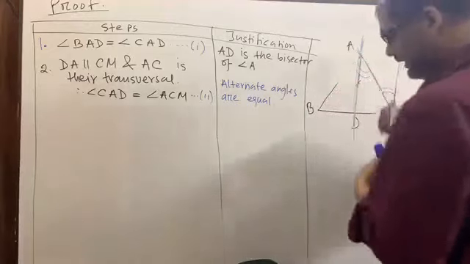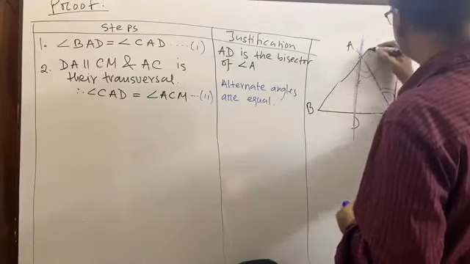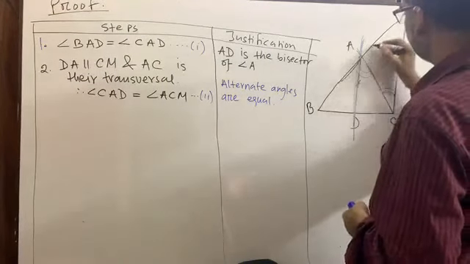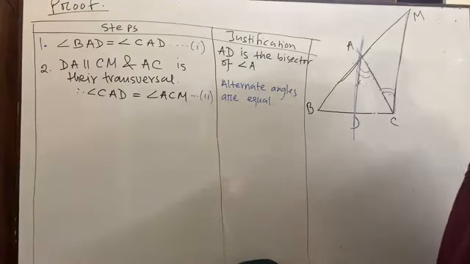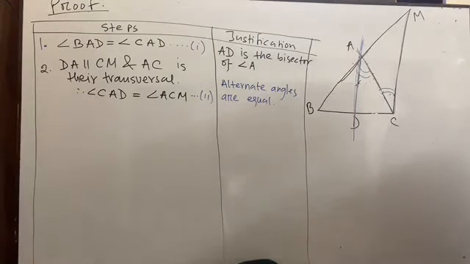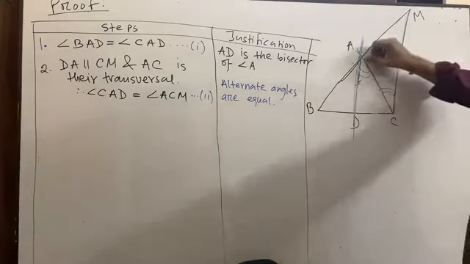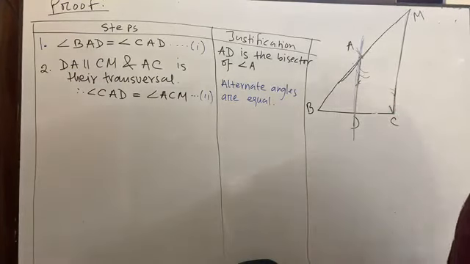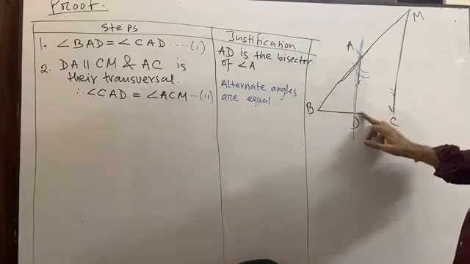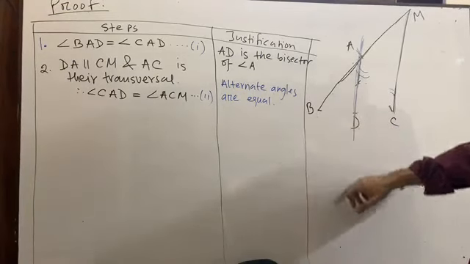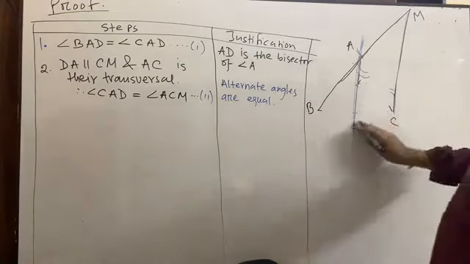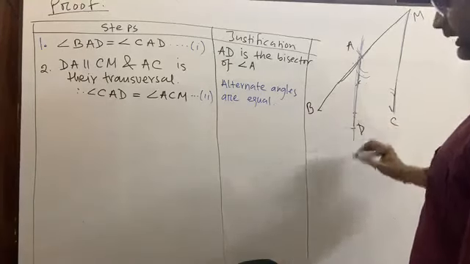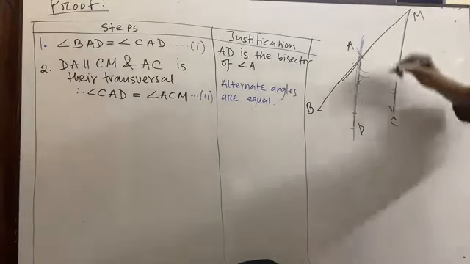You see, this is our original figure. Now suppose this is not given. What will happen?